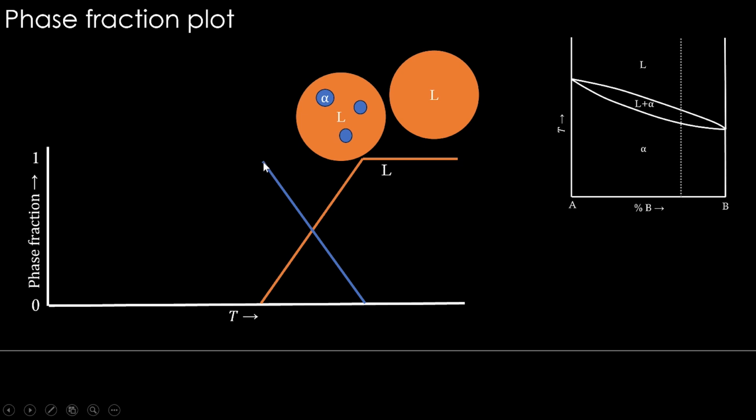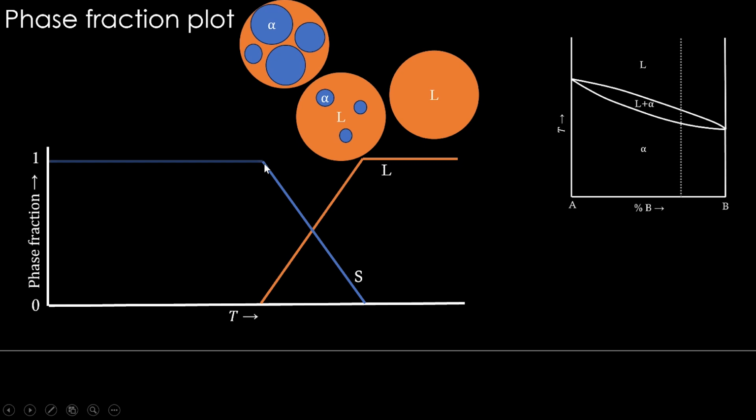Eventually the solid predominantly occupies the microstructure, as you can see just before the solidus point, and once it reaches the solidus point, it becomes completely solid. So it remains solid throughout the lower temperature region. If there is a solid state transformation, you can imagine this alpha phase content may decrease and some other phase content may increase. That's how the phase fraction plot is going to look.